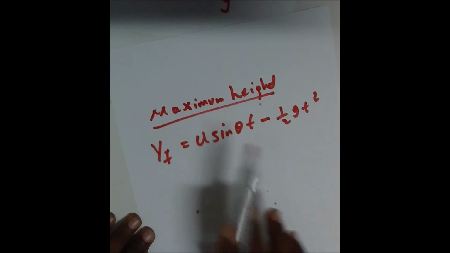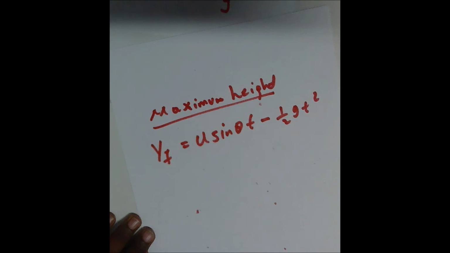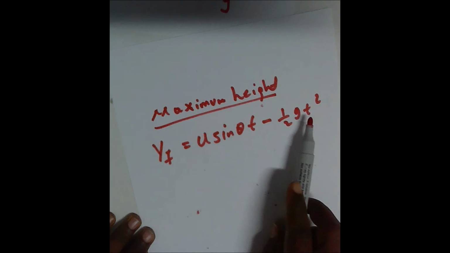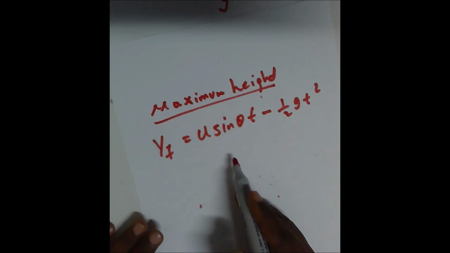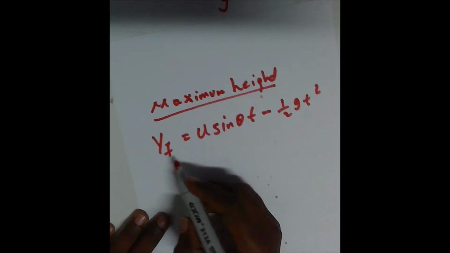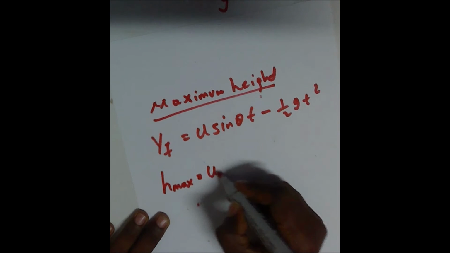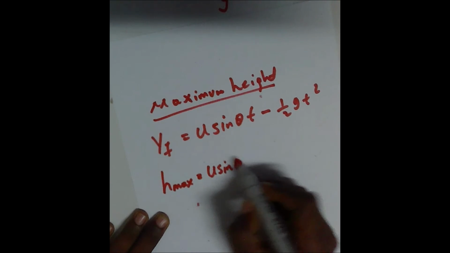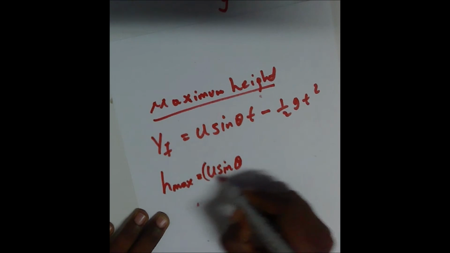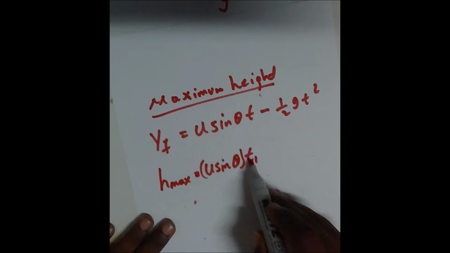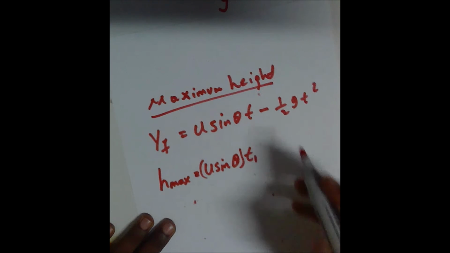The y initial is already known. So y final is u sine theta times t minus half g t square. In our case we have to look for h max, so to get h max we have to consider only t1. The maximum height is found at time t1.